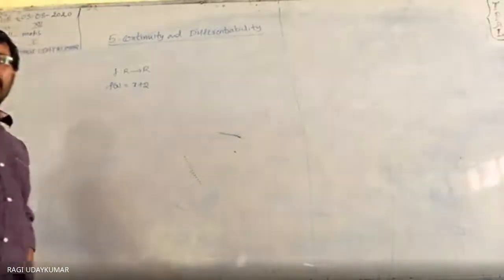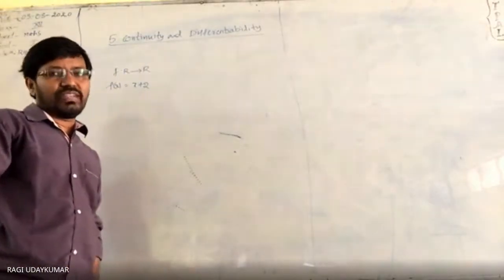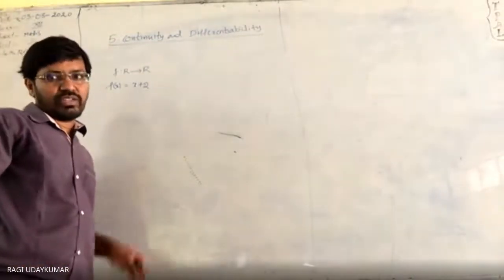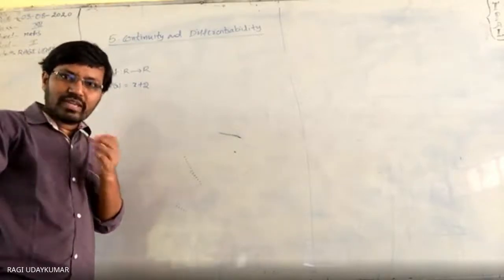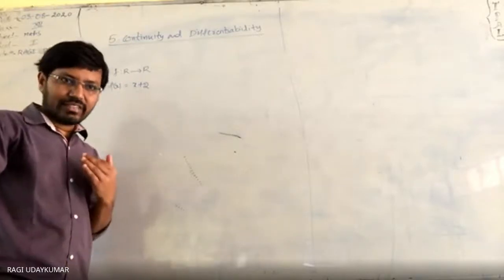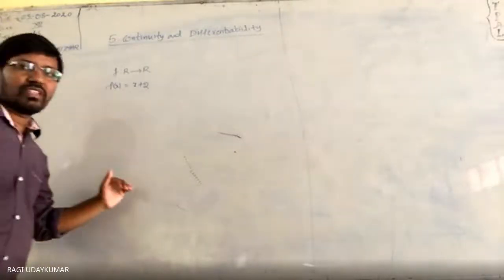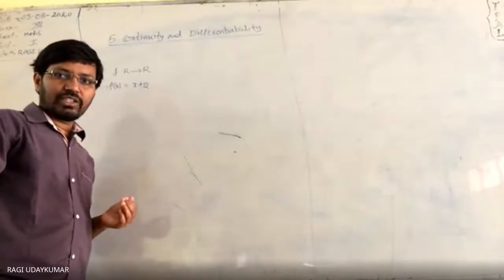Whether this function is a continuous function or not? Before going to the exact definition of the continuous function, just see the graph of this function, how it lies. How can you draw the graph of this function?